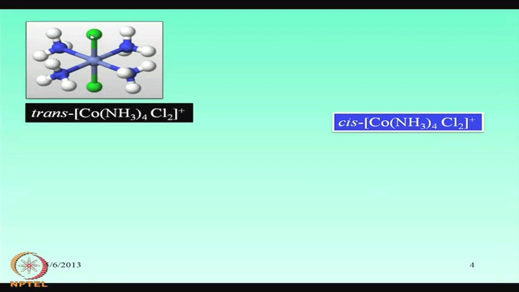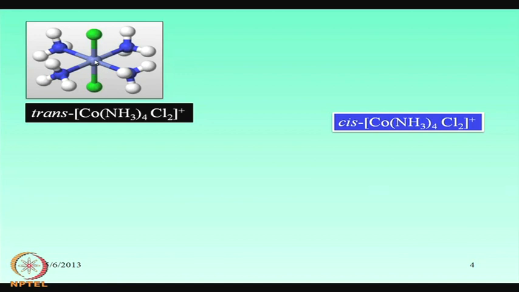These green spheres are the chlorine atoms, and the 4 NH3 molecules, blue in color, are in the plane, which is a little crowded.